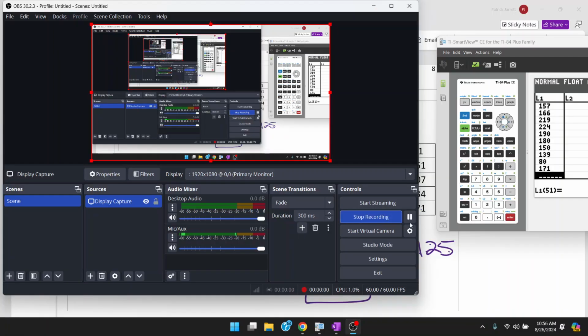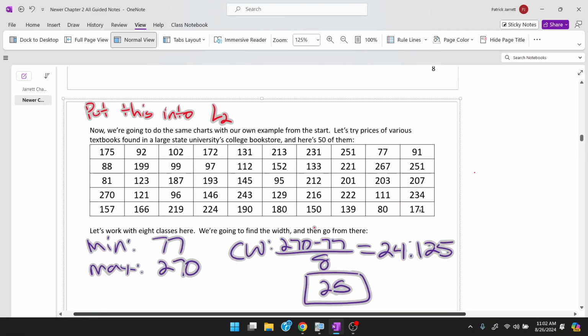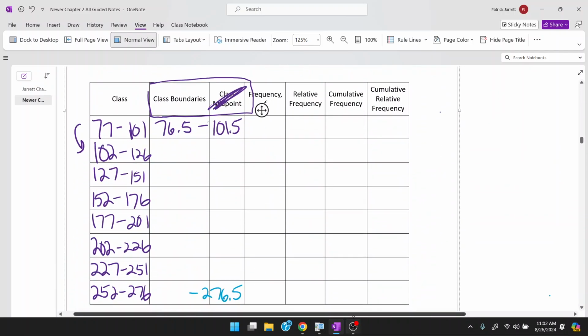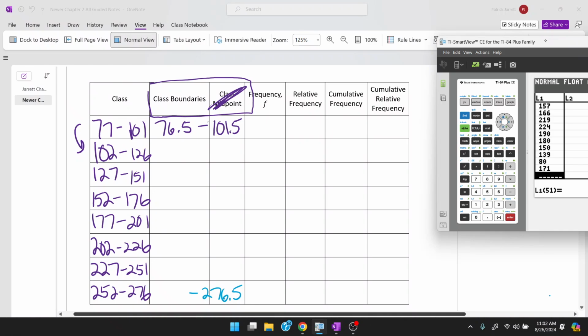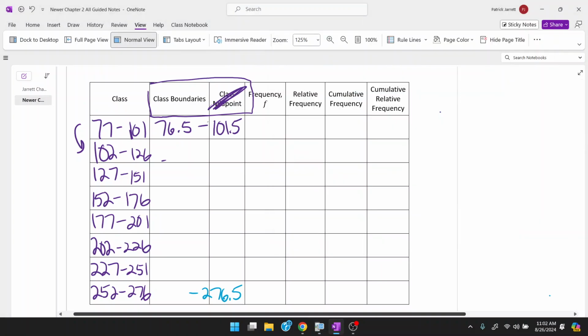All right, we left off talking about various textbooks in a bookstore here. And what we did here was, I've entered the data here on this TI-84 emulator. And what we've done here is we figured out the class boundaries and whatnot.